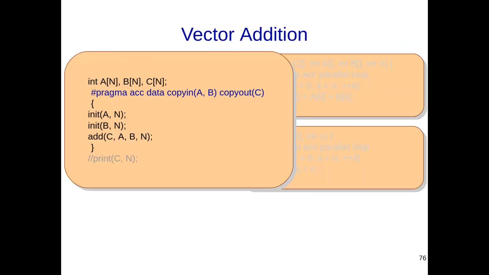Okay, no, scratch that. Let's say we keep int C of n outside, but we put int A of n and B of n inside the data region. Right. So we just have this copy out of C. So what will happen?